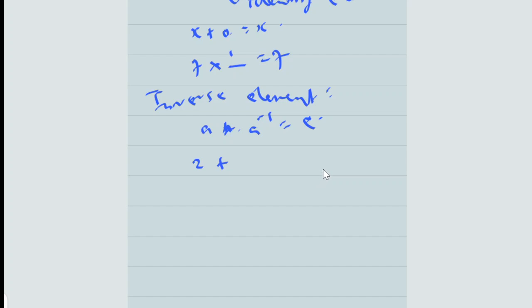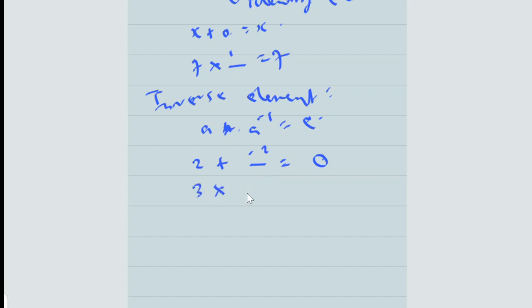But for each of the elements, you have a unique inverse. So what am I going to add to 2 to give me 0, the additive identity? That is minus 2. So then you say minus 2 is the inverse of 2.